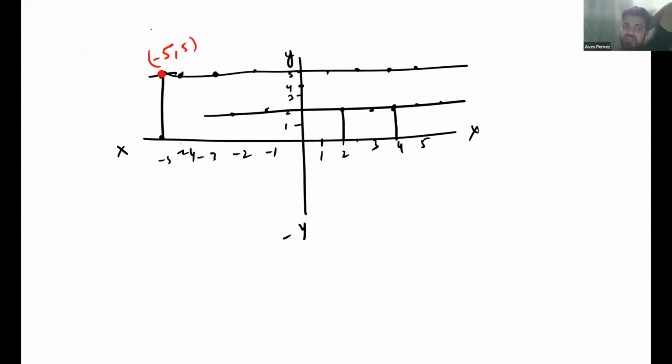So the x coordinate is minus 5, because the perpendicular foot lies on the negative side. So this will lie in the second quadrant.